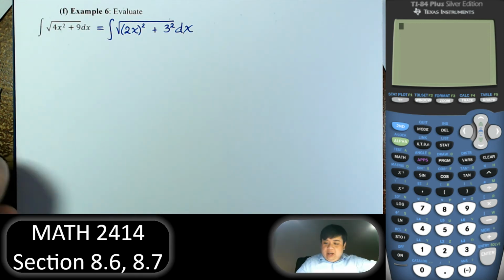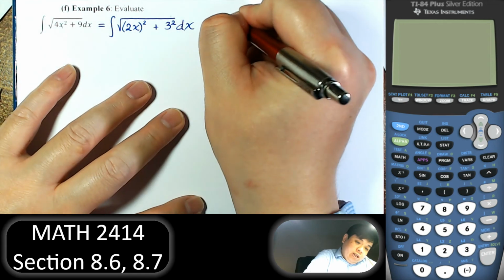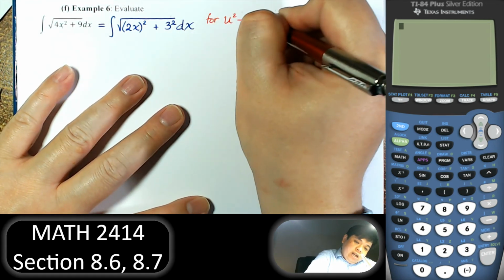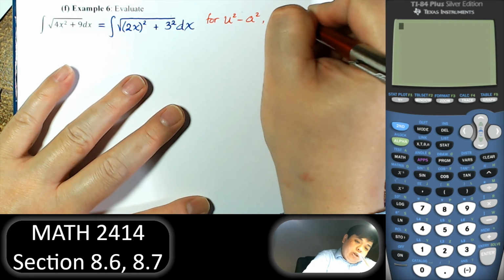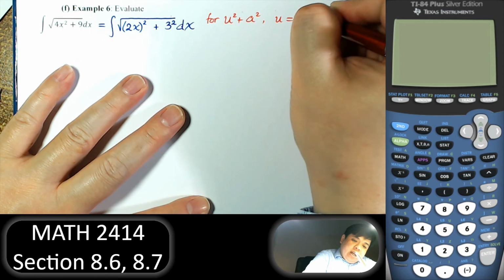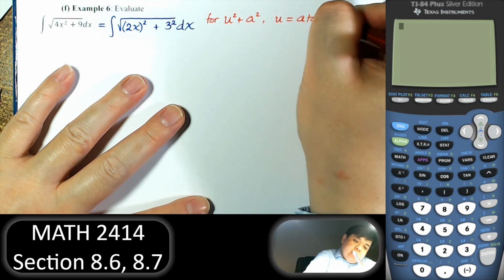So what we have here is u squared minus a squared, and for that we're going to let u equal a tangent of theta.